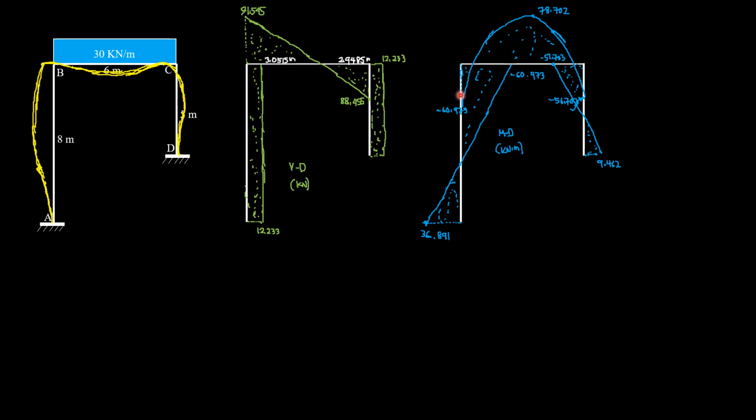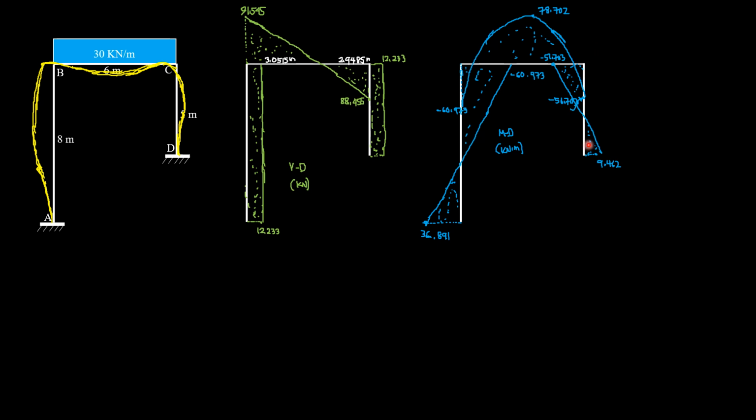And for portion BC, it begins with this negative 60.973 plus this area, which is 1/2 of 3.0515 times 91.545, positive decreasing, so 78.702. Then 78.702 minus the area here, which is 1/2 times 2.9485 times 88.455, we get negative 51.703.